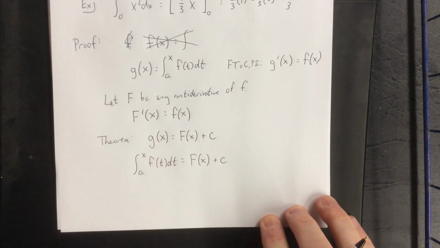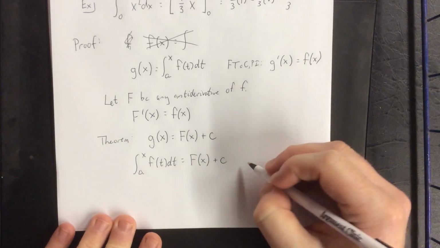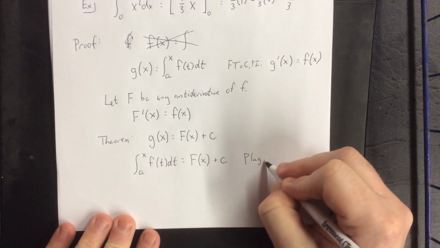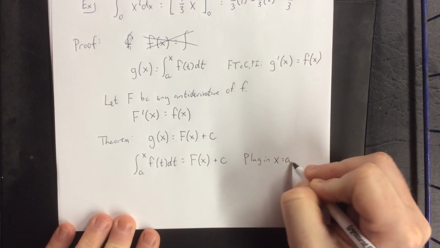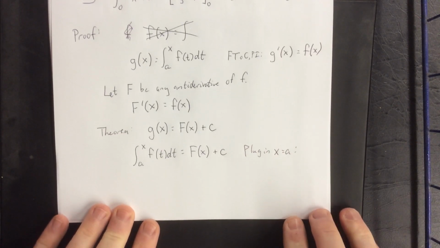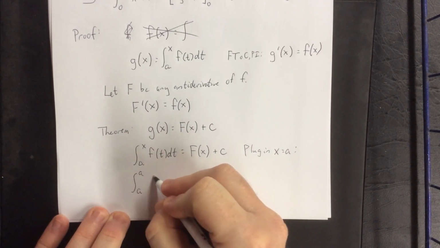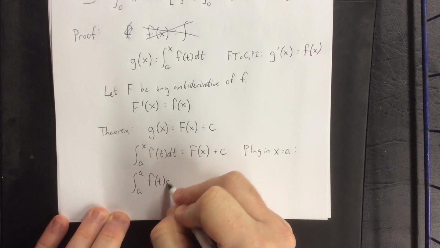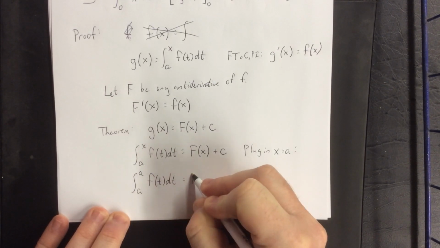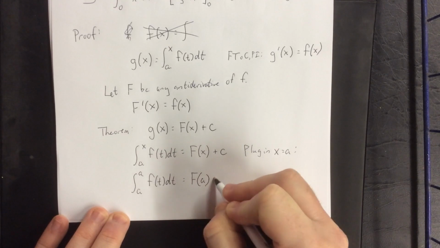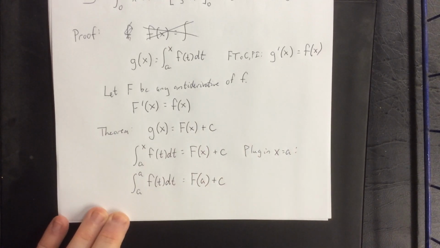Now what we're going to do is generate an initial condition by saying let's plug in x equals a. If we plug in x equals a, we get the definite integral from a to a of f of t dt is equal to capital F of a plus a constant.